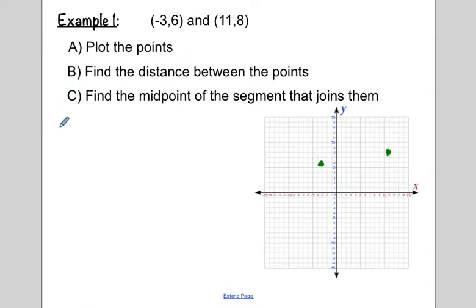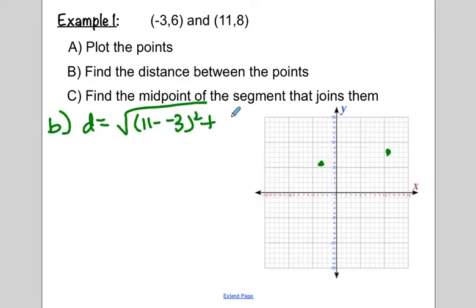I'm just going to go ahead and use the distance formula. So for B, the distance is equal to the square root of x2 minus x1, so 11 minus -3 squared plus 8 minus 6 squared.